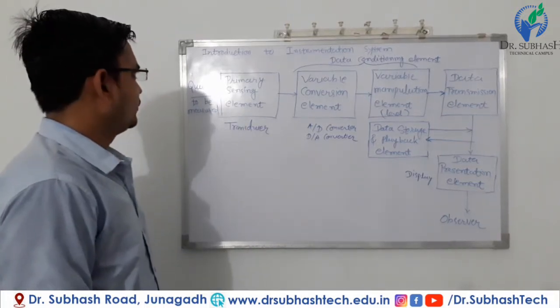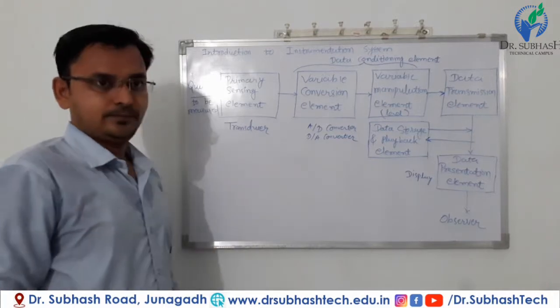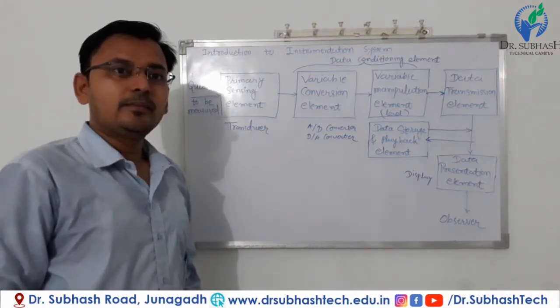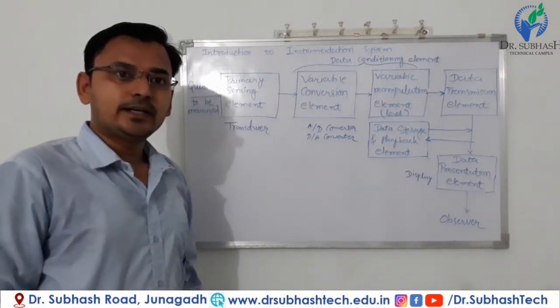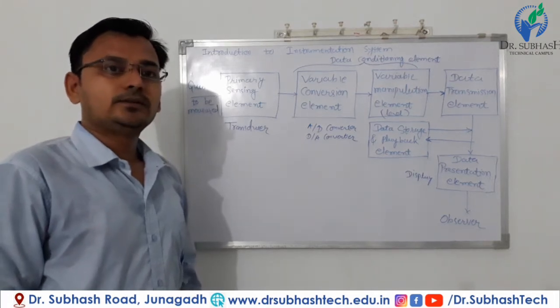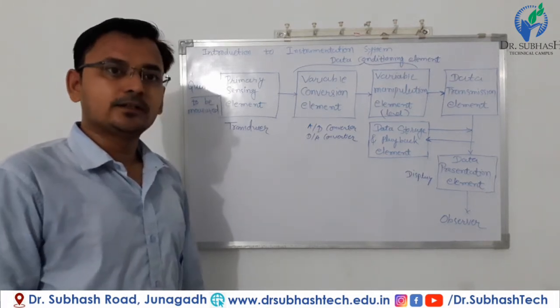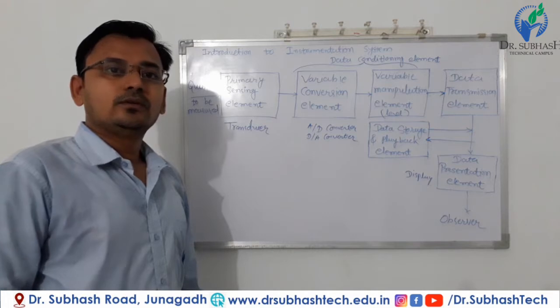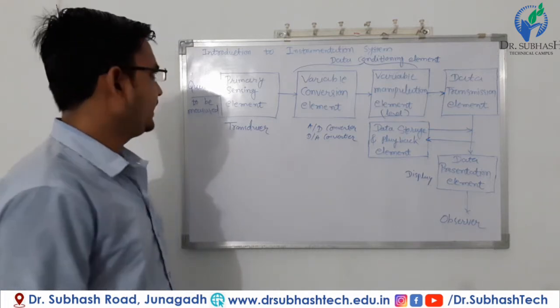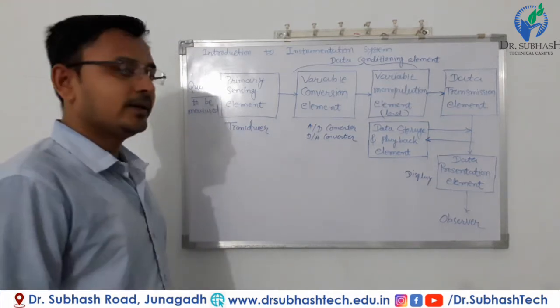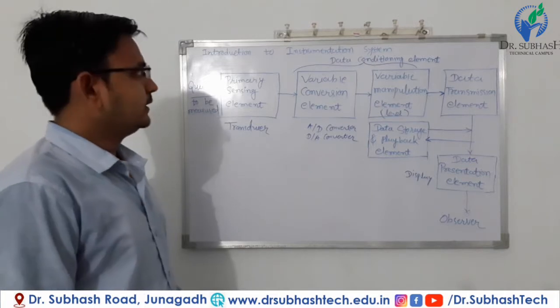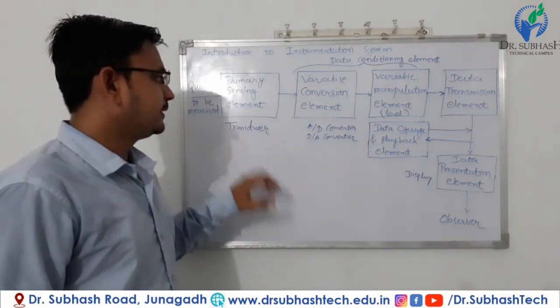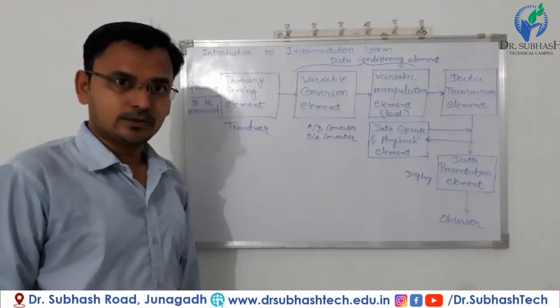Now the question is, what is the quantity to be measured? The quantity may be any physical quantity, for example, temperature, pressure, or displacement. Any quantity is given to the primary sensing element, and the primary sensing element is nothing but a transducer.